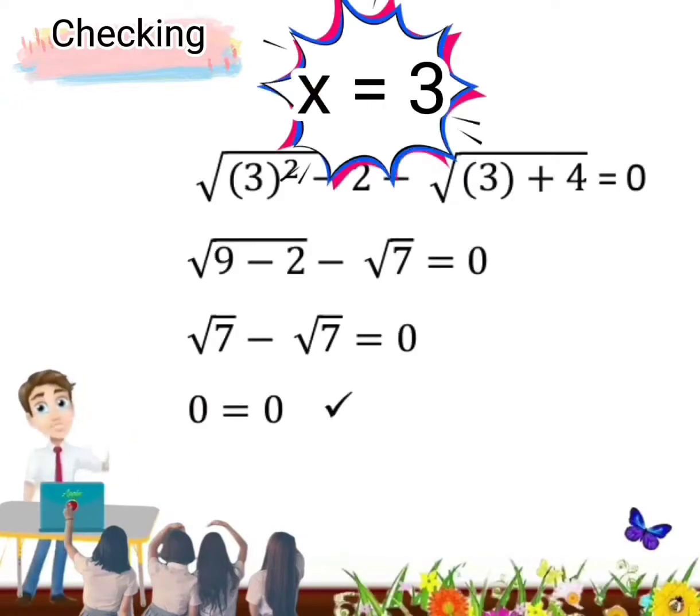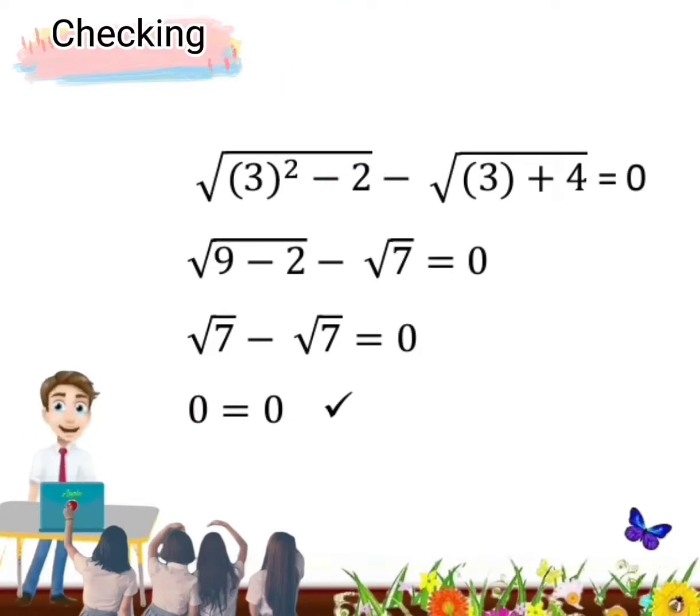For the checking of the second value of x, which is equal to positive 3, we are going to replace also in the equation, so that is the square root of the quantity 3 raised to 2 minus 2 minus the square root of 3 plus 4 is equivalent to 0.